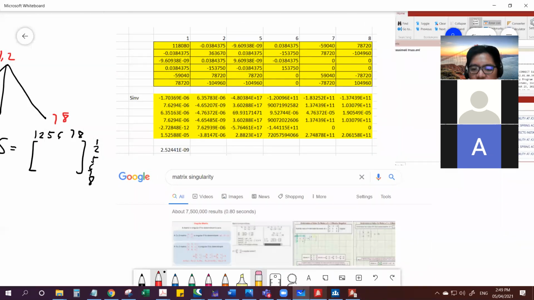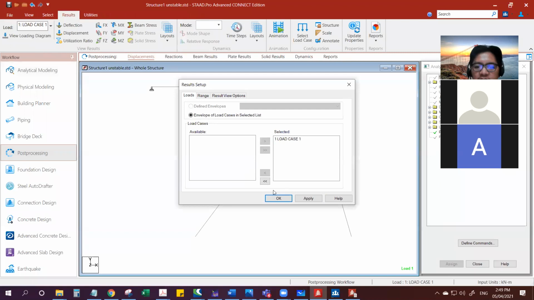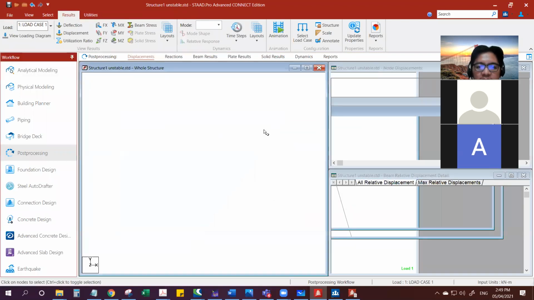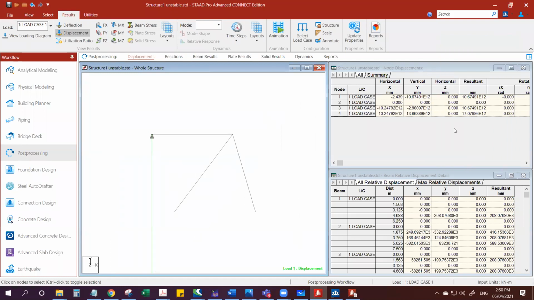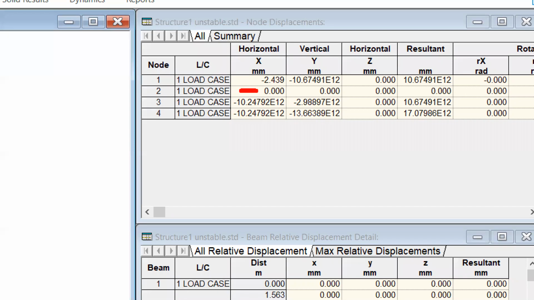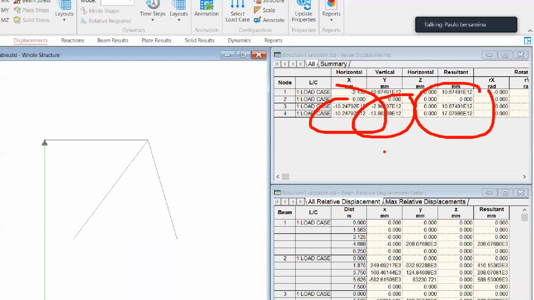And if you want to see the deformation, post processing, and then displacements, right? You can't even see it anymore. And the displacements are unrealistic. See?